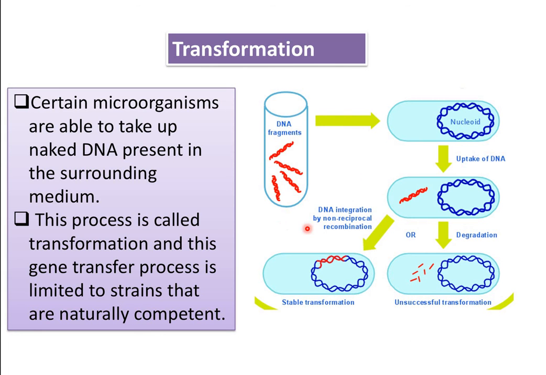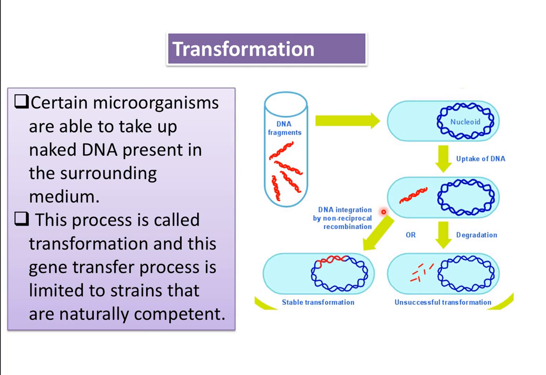Now talking about transformation. Certain microorganisms are able to take up naked DNA present in the surrounding medium, and this process is called transformation. This gene transfer process is limited to strains that are naturally competent. In this figure we can see the nucleoid and the uptake of DNA taking place.